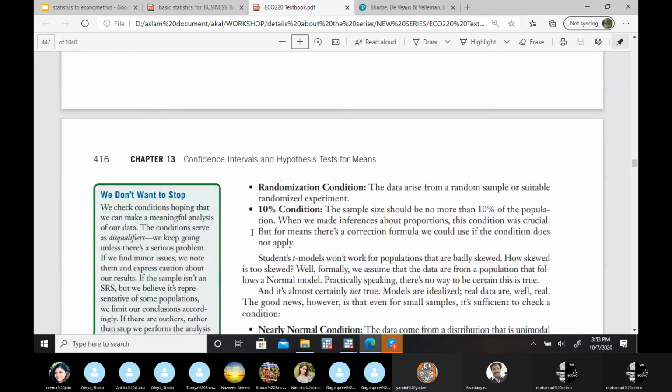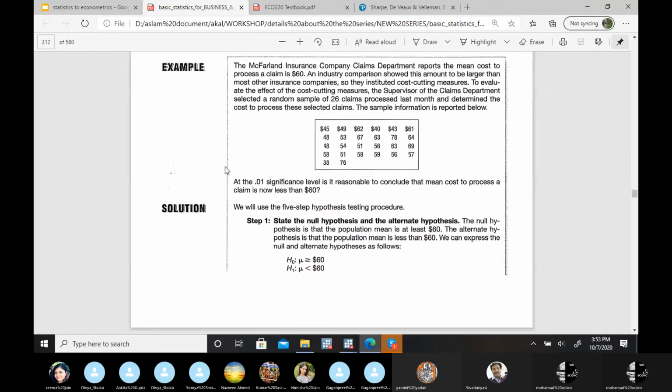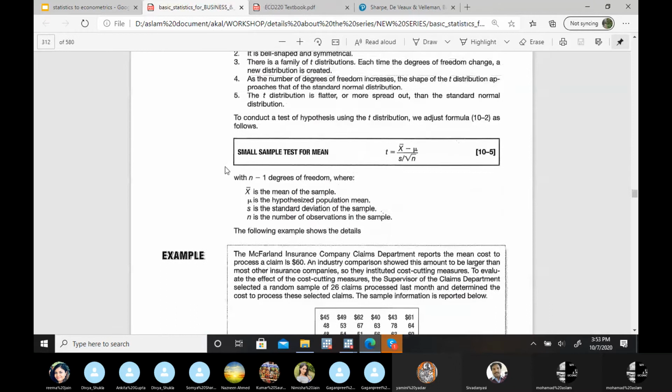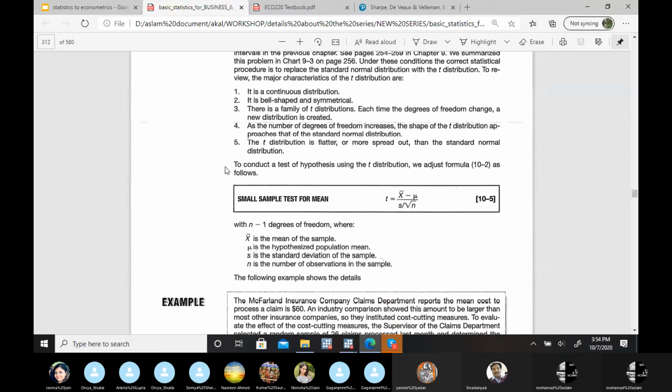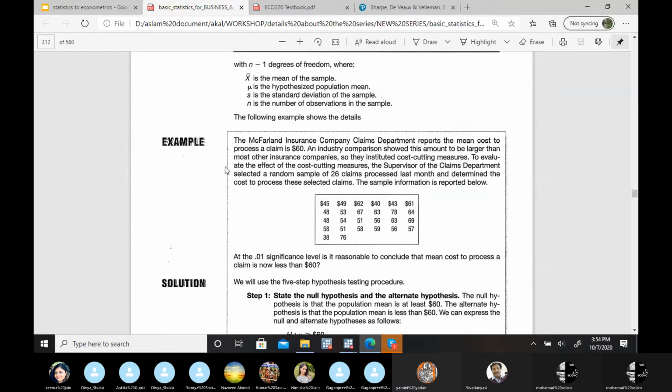One more condition they describe is the 10% condition. The sample size should be no more than 10% of the population. So in this particular case, we check whether our sample size is less than 10% of the population or not. For instance, the company's claims department reports the mean cost to process is 60.